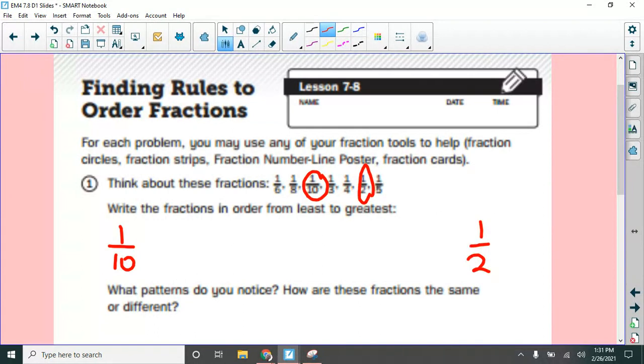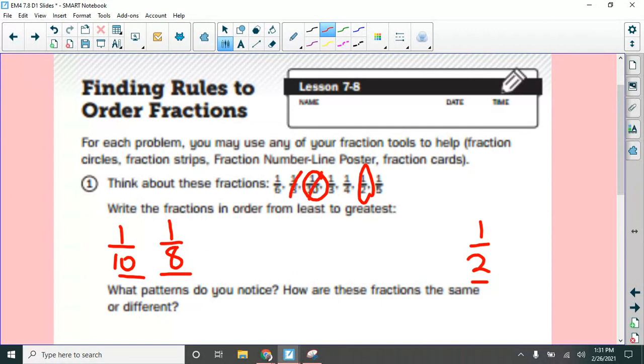All right, so notice what we've got so far. We know what's first and we know what's last. What number do you think comes next here? It's 1/8. 1/8 is still a pretty small amount of pizza. 1 out of 8 pieces. Those pieces are a little bit bigger than these pieces, but you still didn't eat much. Do you see the pattern here?